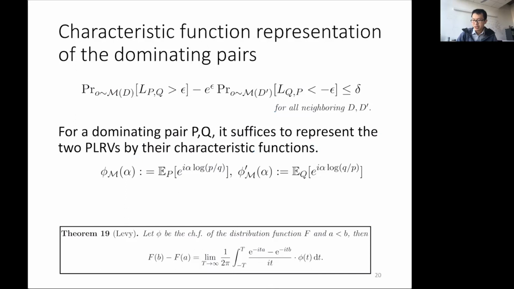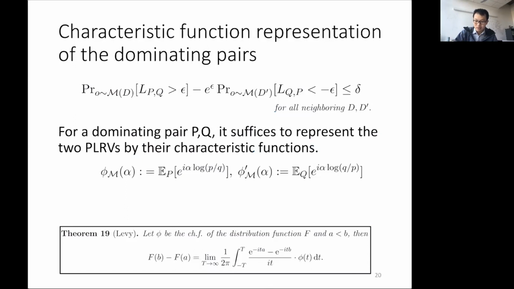From this expression, it's clear that all we need to know about the mechanism's privacy guarantee is described by two probability distributions.